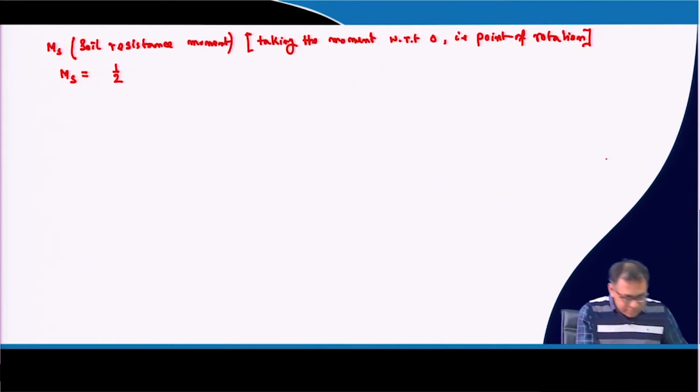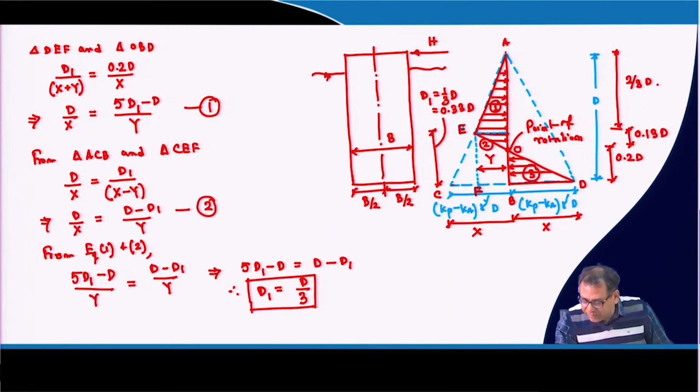Now, for the first triangle, triangle 1, the total force will be half into 2/3 of the net pressure, because the net pressure at this point E will be 2/3 gamma dash d Kp minus Ka.